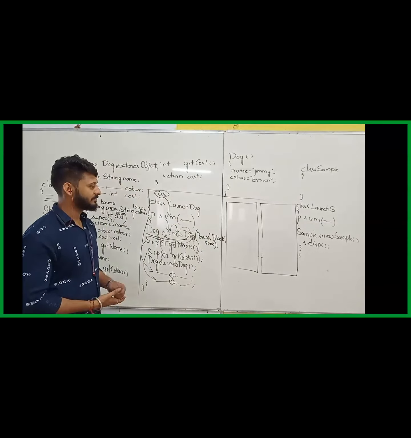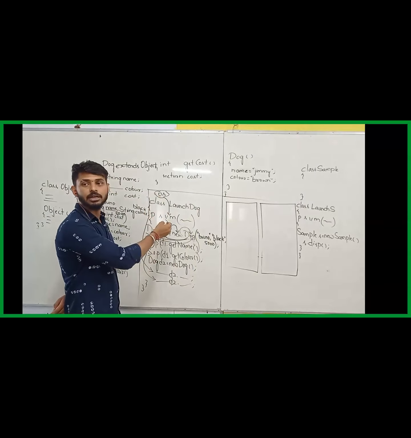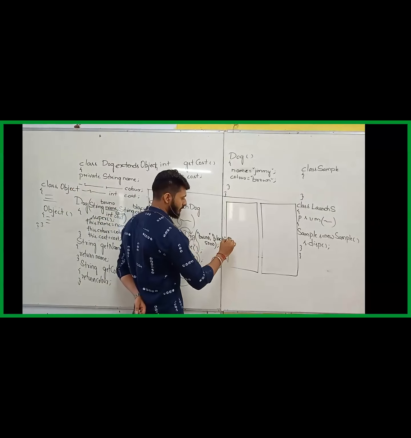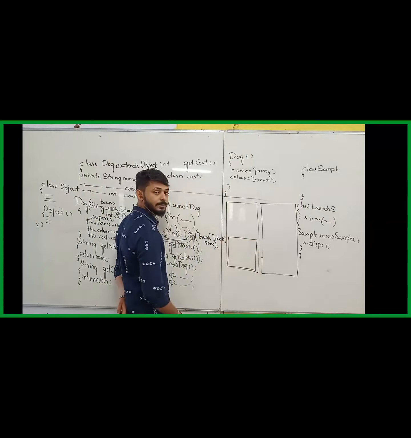Done. Next what? Now, very first thing, operating system will hand over the control to main method, because of which what should happen? One activation record should be created like this.